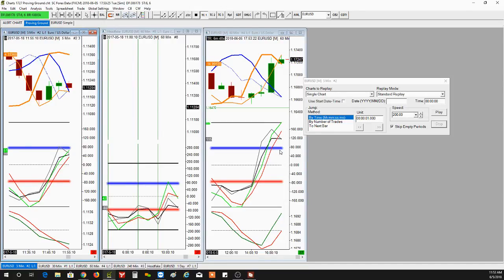How often do I reset and redraw my support and resistance? Michael, sometimes I'll draw them out for the week and then just adjust them as the week goes.